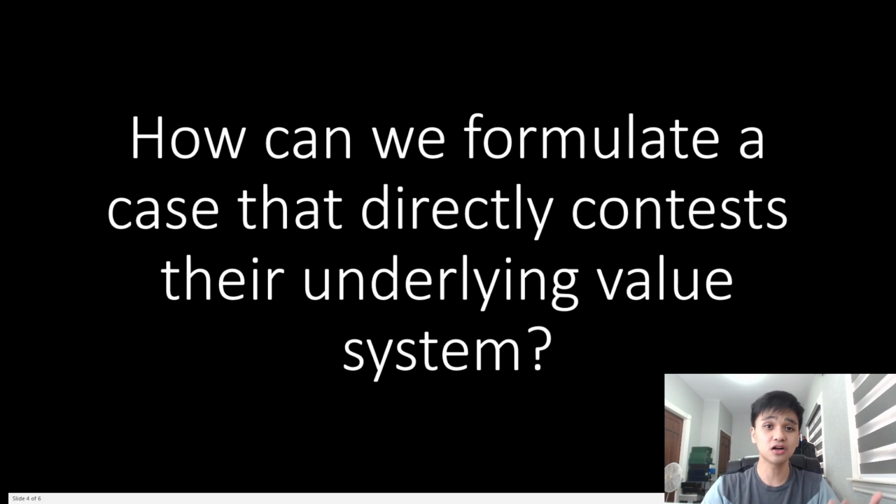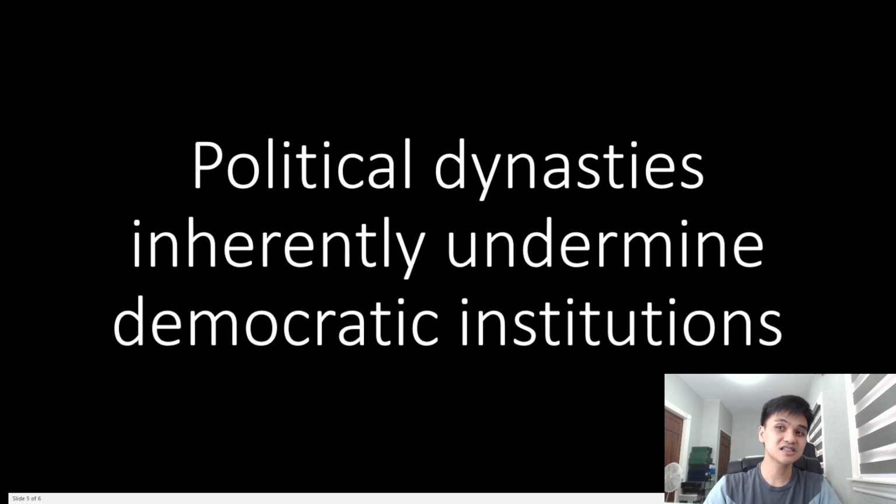So we get back to the argument selection. How can we formulate a case that directly contests or beats out this democracy point? And here, the answer is unsurprisingly fairly straightforward. What I would do is to prove that political dynasties inherently undermine democratic institutions in a way that captures these systems for their own benefit at the expense of the public.